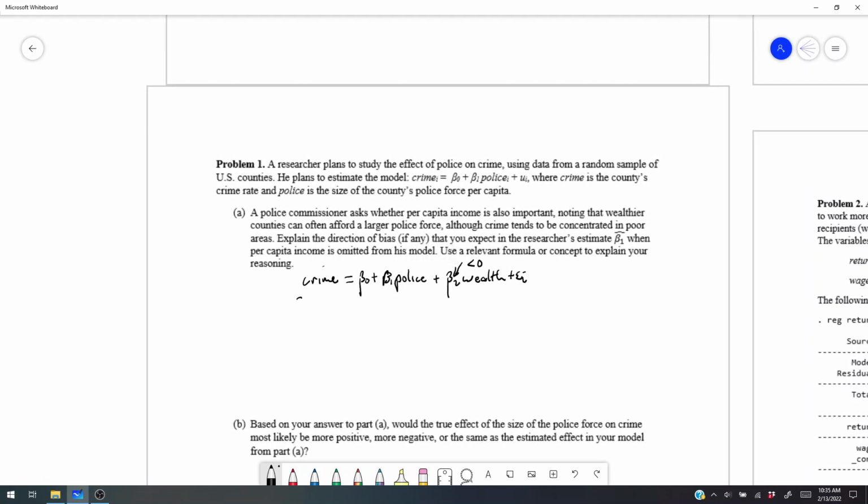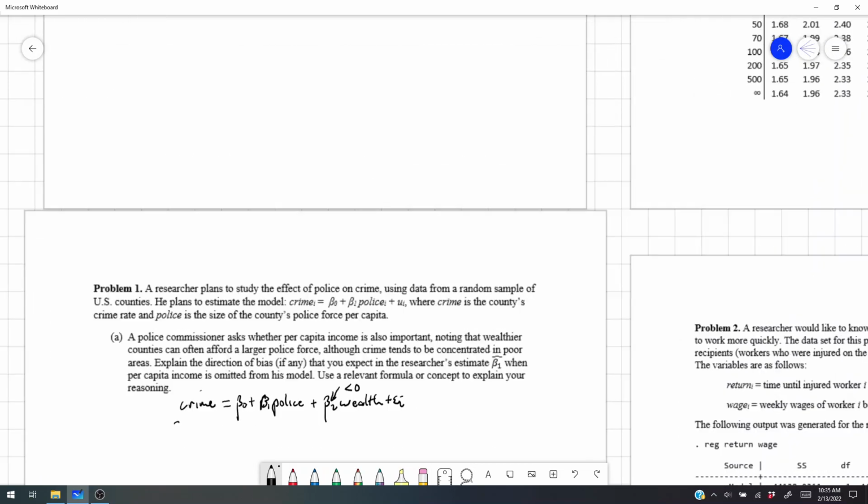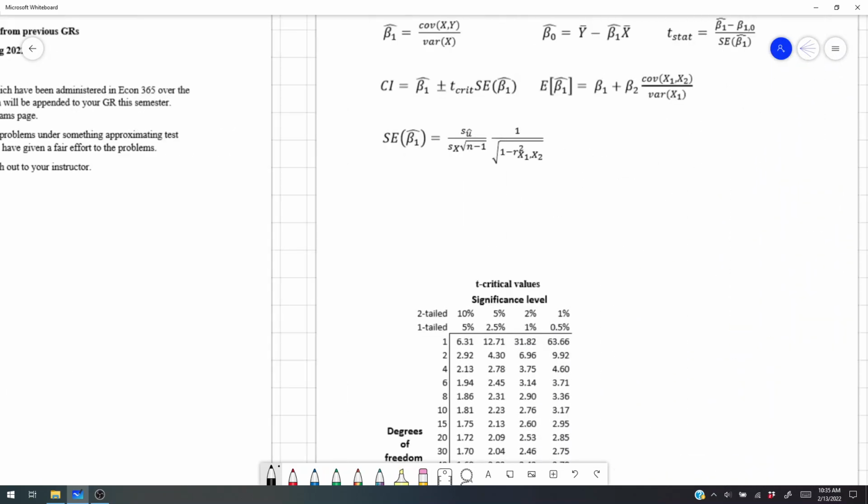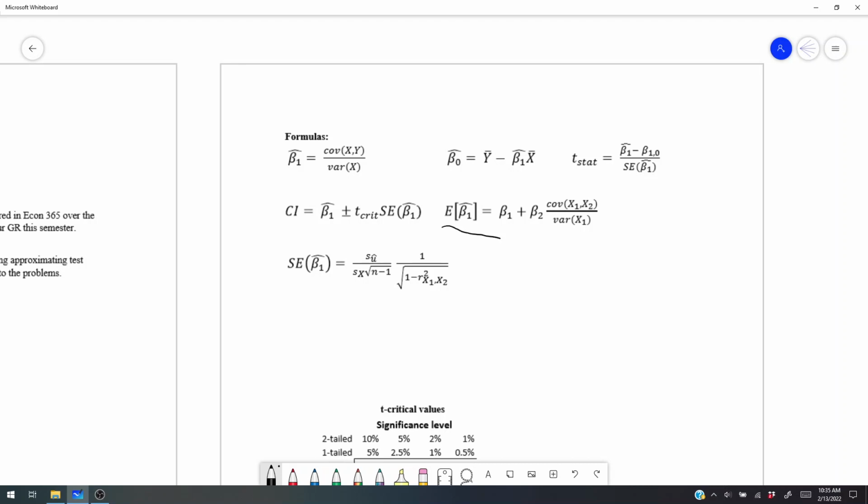Let's put this back together. The expected value of beta 1 hat, remember it's up here, right there. The bias in beta 1 hat is beta 2 plus this stuff on the right. Beta 2 covariance of x1, x2. So in this case, beta 2, this coefficient that I just wrote down, we agreed that that was less than 0. It's negative.